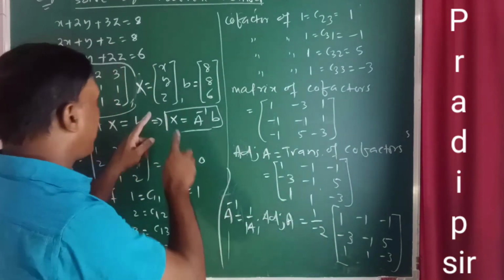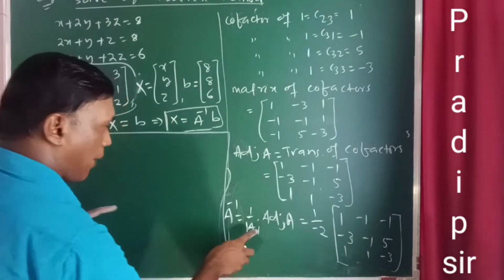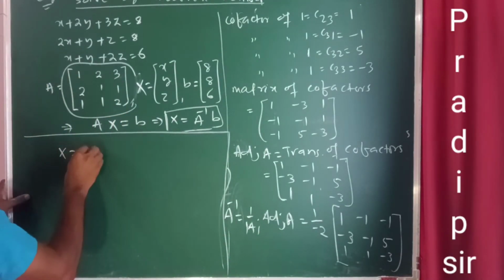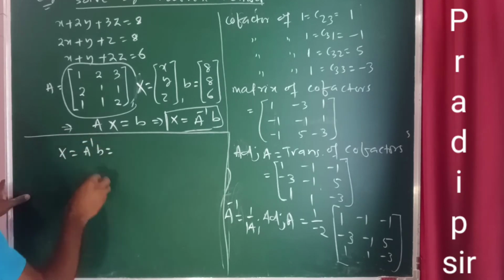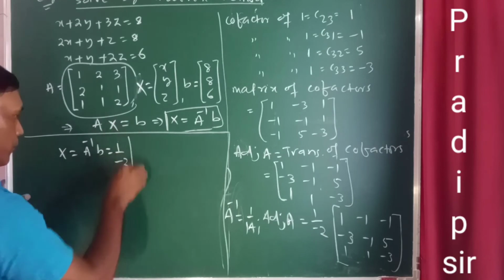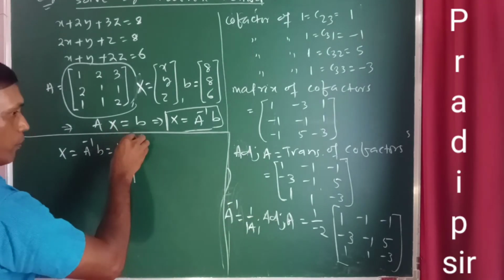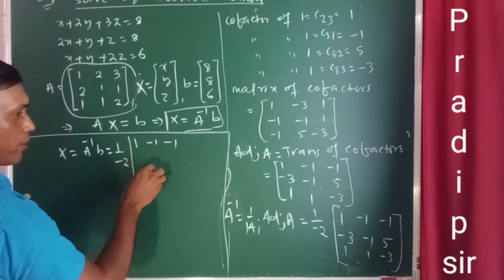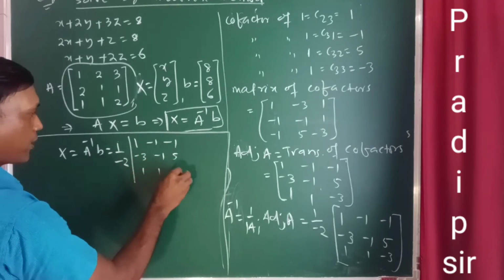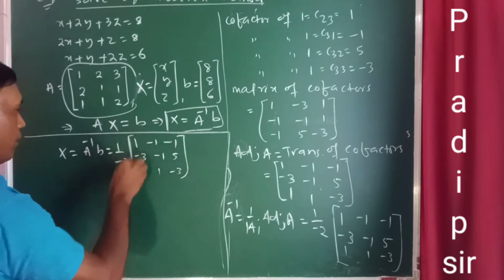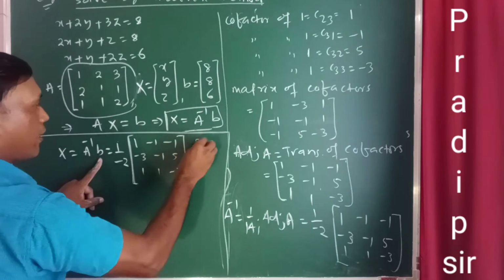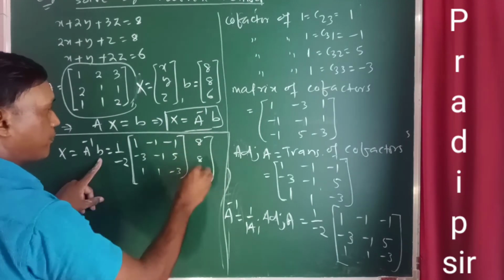Now multiply A inverse into B. After getting A inverse, we have X is equal to A inverse into B. A inverse is this value, 1 by -2 into the determinant 1 -1 -1, -3 -1 5, 1 1 -3. This is the inverse matrix. A inverse into B. B matrix is here 8 8 6.